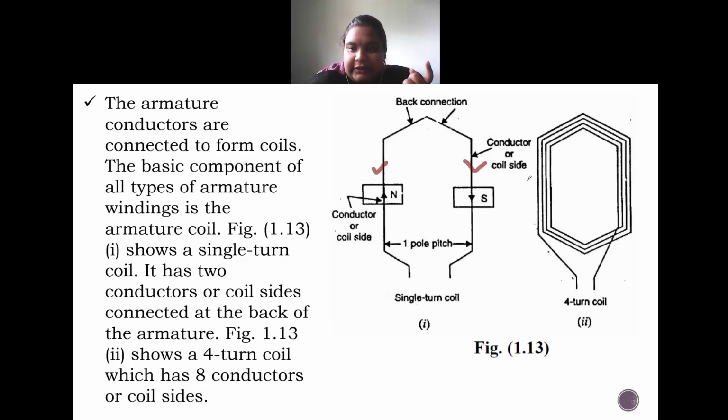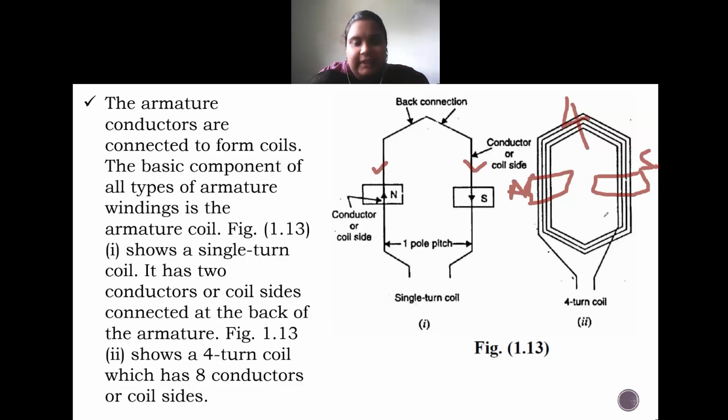Here in this case, if we just understand this, here there will be one pole and here there will be another pole. That means we have four conductors under the influence of the north pole and the corresponding four conductors under the influence of the south pole. This type of coil is called a 4-turn coil.